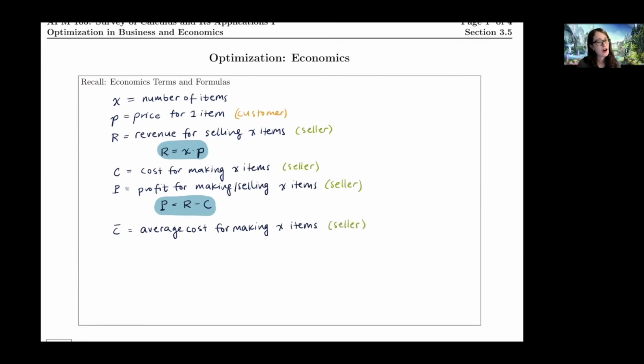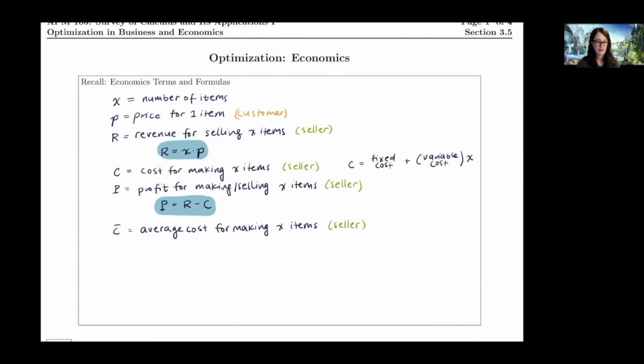So what's the difference between cost and average cost? Well, you might remember that cost can be thought of as a fixed cost plus a variable cost times the number of items, so times X. Fixed costs are things that don't depend on how many items you make. Variable cost is the cost for making just exactly one thing. So the average cost takes your fixed cost and distributes it throughout all of the items that you make.